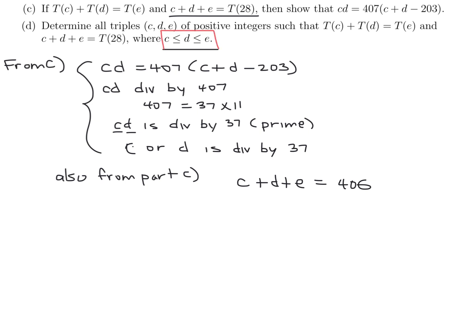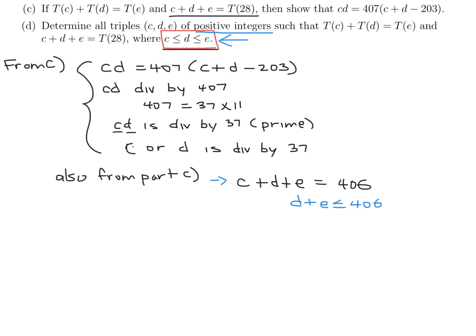Kind of seems like not that important initially, but it definitely helps. Because if this is true, but then this is also true, that means that D plus E has got to be less than or equal to 406. Because you got to account for the fact that C has to be added. And I think they're positive. Yeah, they're all positive integers. Okay.